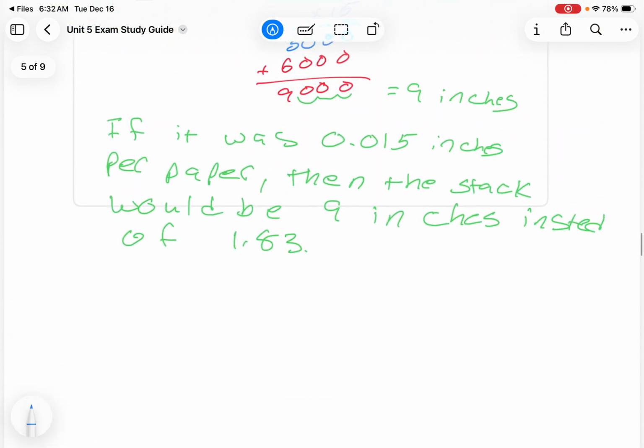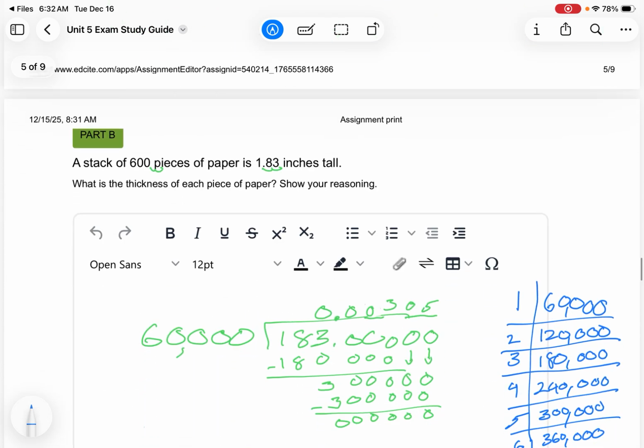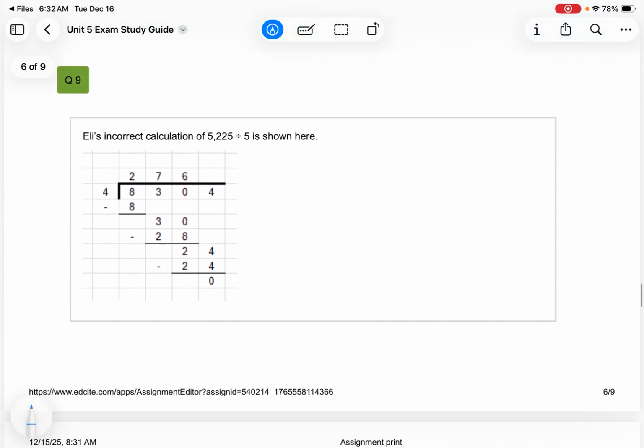And so that answers both parts of A and B. Now, this piece here is wrong. It should say Eli's incorrect calculation of 8304 divided by 4 is shown.